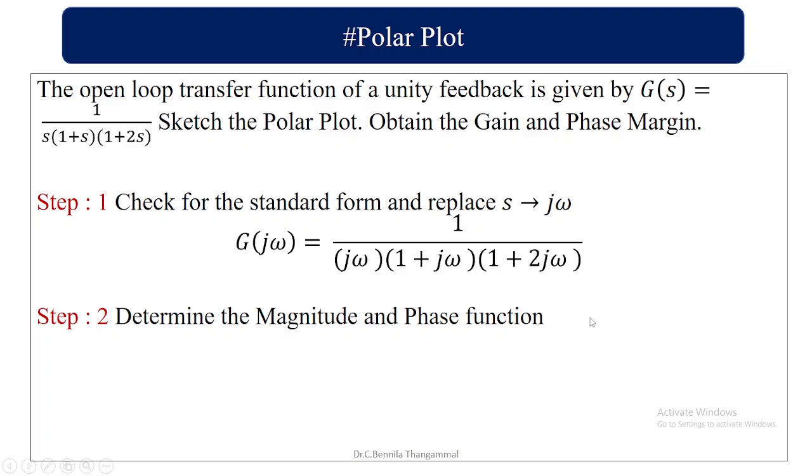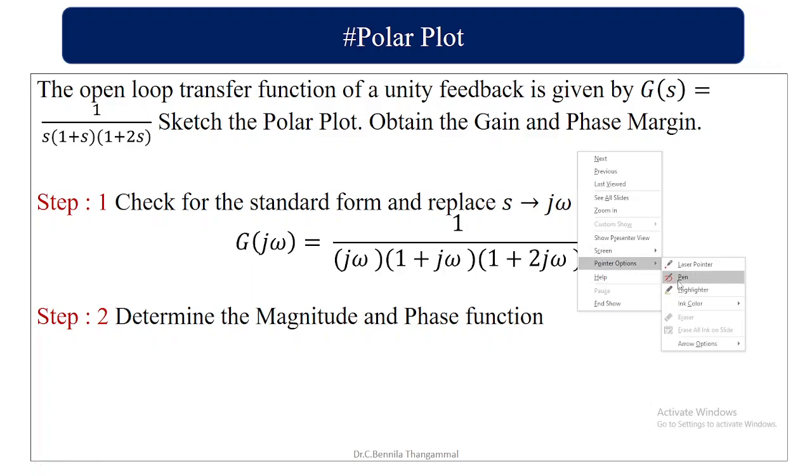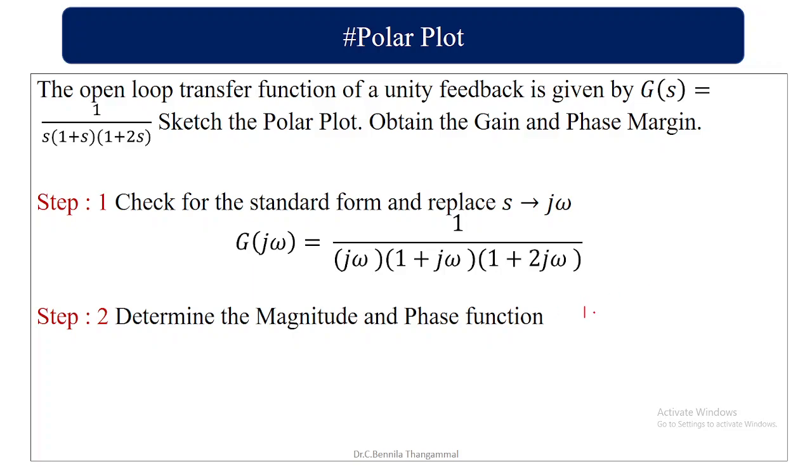Step 2 is to find the magnitude and phase function. The modulus of a complex number a plus ib is given by the square root of the square of the real part plus the square of the imaginary part, so square root of a squared plus b squared.